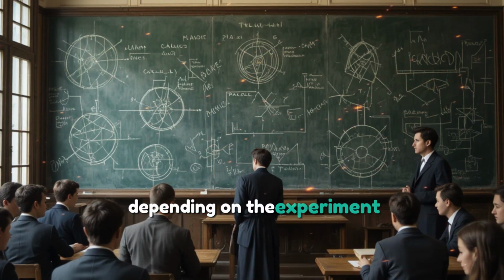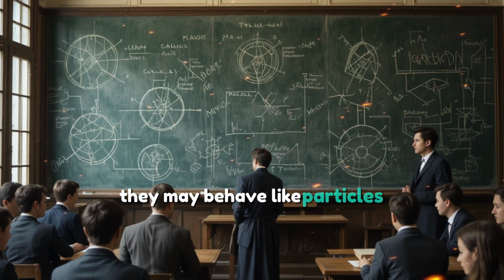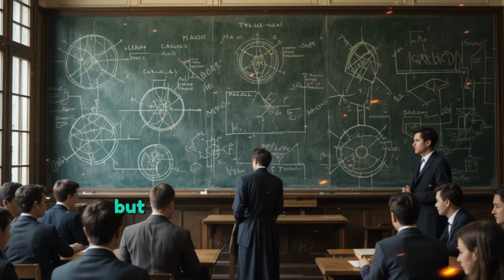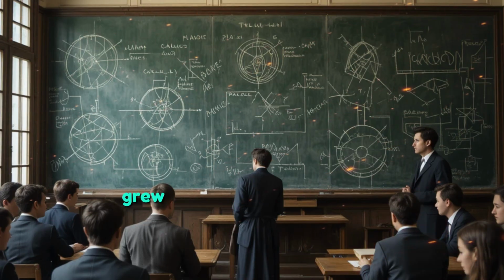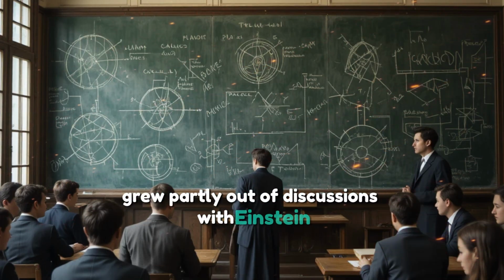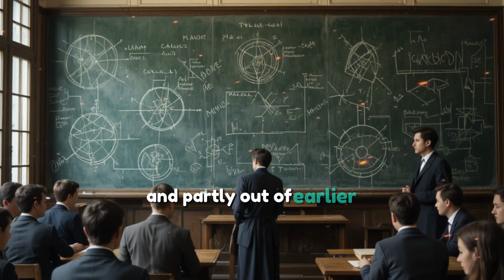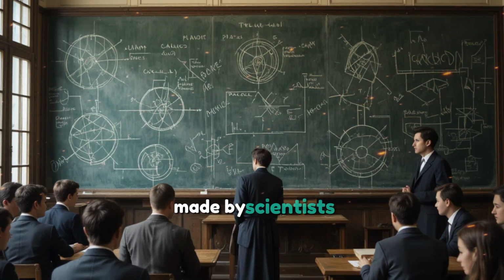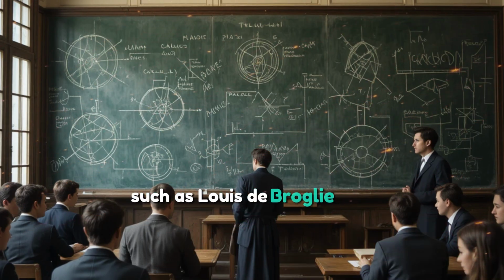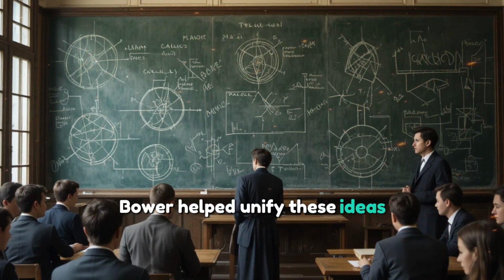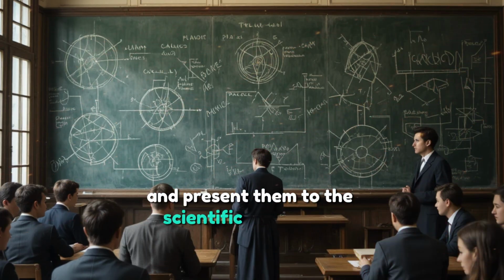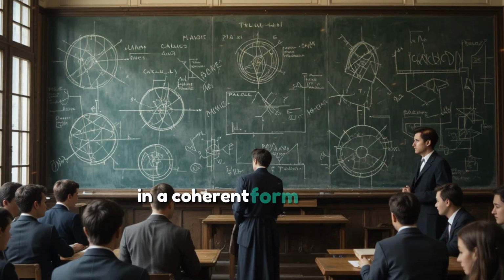Depending on the experiment, they may behave like particles or like waves, but never both at the same time. This interpretation grew partly out of discussions with Einstein and partly out of earlier discoveries made by scientists such as Louis de Broglie and Werner Heisenberg. Bohr helped unify these ideas and present them to the scientific community in a coherent form.